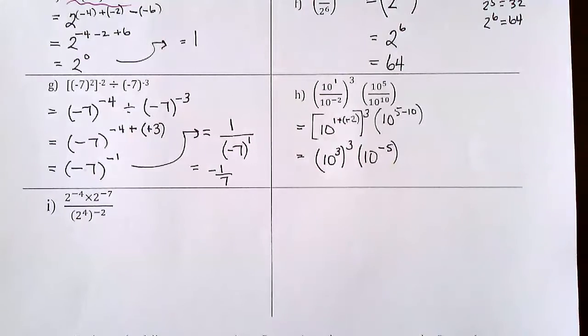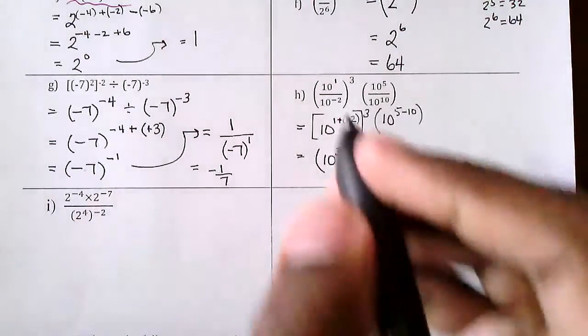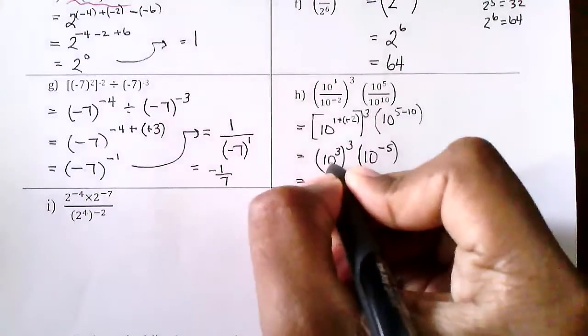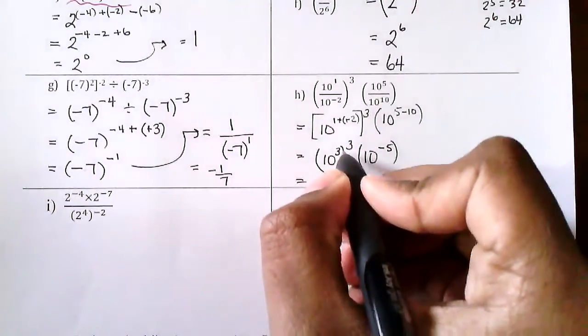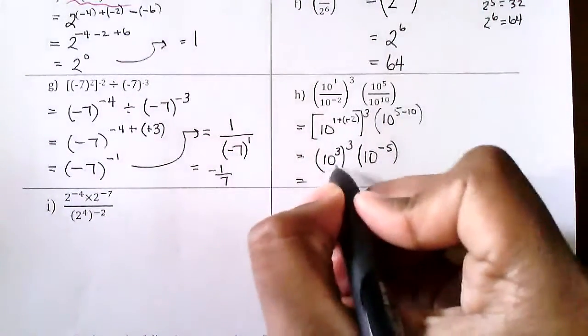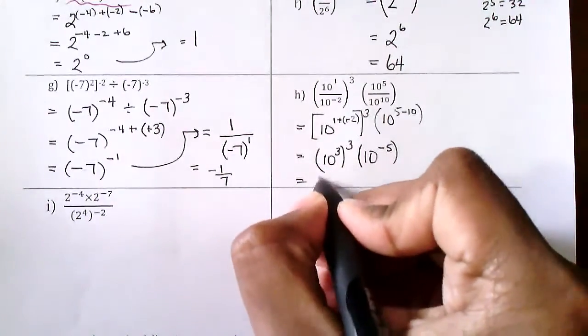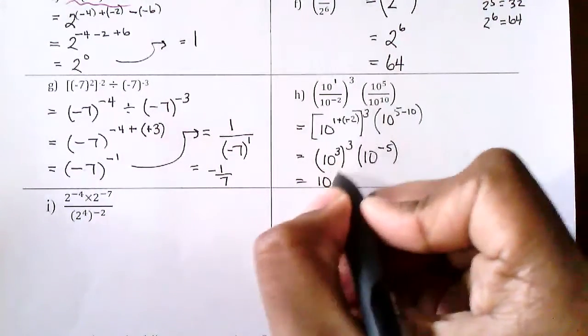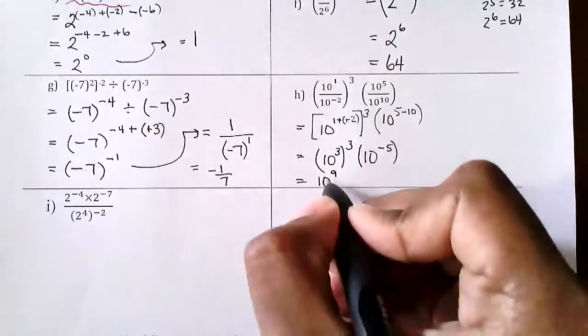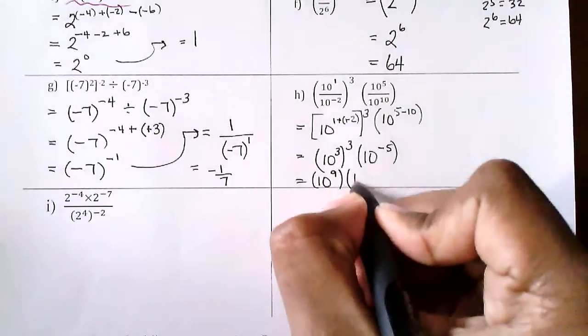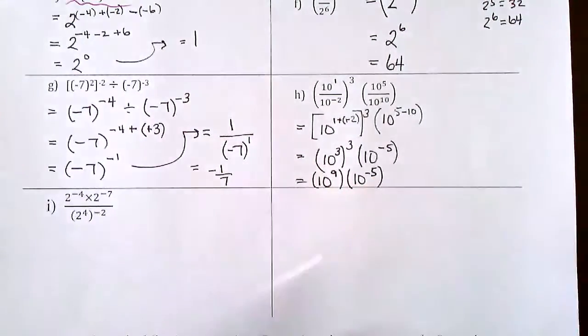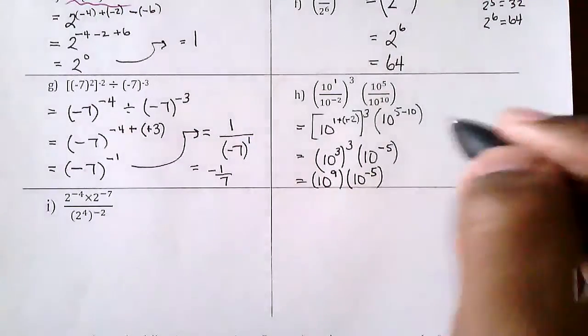I can keep going because it's still not a single power. So here I have 10 to the power of 3, all to the power of 3. So I have a power raised to an exponent. So I'm going to copy the base and multiply the exponents. 3 times 3 is 9. And I'm going to just copy this as is because I haven't touched it yet.